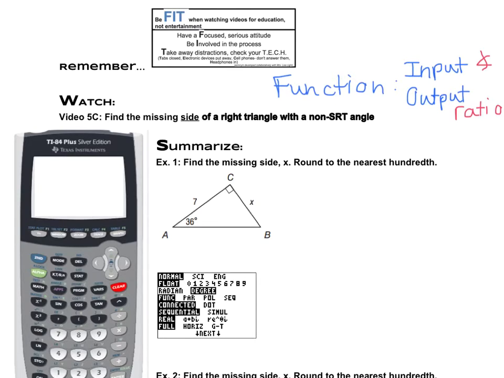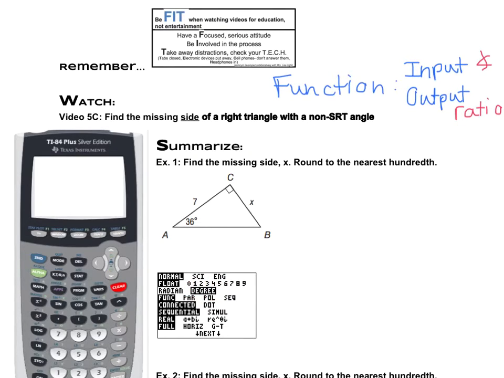So if we hit just the mode key right here on my calculator, and we go in, you'll see a menu that looks just like this. And if yours does not have the setup the way that you see it in this rectangle, you just want to use your arrow keys here, left, right, up, down, to get to the degree, and then hit enter so that this degree part is highlighted.